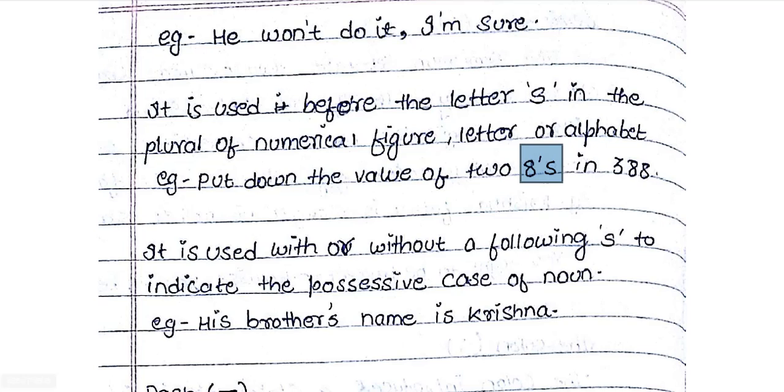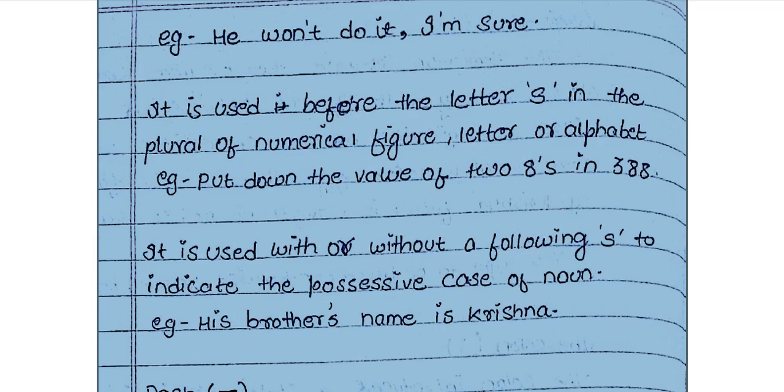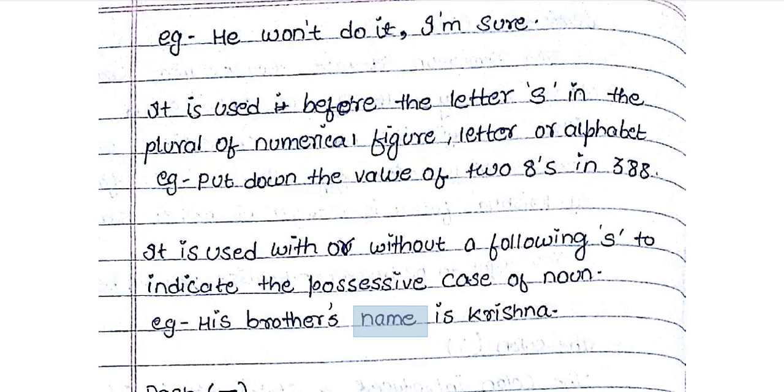For example, his brother's name is Krishna. Here, his brother's name, the name of his brother is denoted by this apostrophe s. So the name belongs to the brother. That's why the apostrophe s is there to identify this thing.